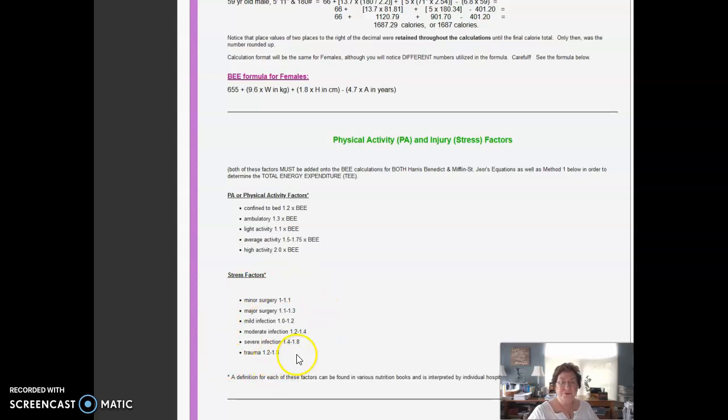For surgical issues, you'll learn about those next summer. Again, we are probably not going to use much of this stress factor business this semester. So we just want to hone in on the PA, or the physical activity. So you come up with the BEE from your formula, you multiply it by an activity factor. Usually this is going to be light activity, 1.1, could be even a little less. Okay.